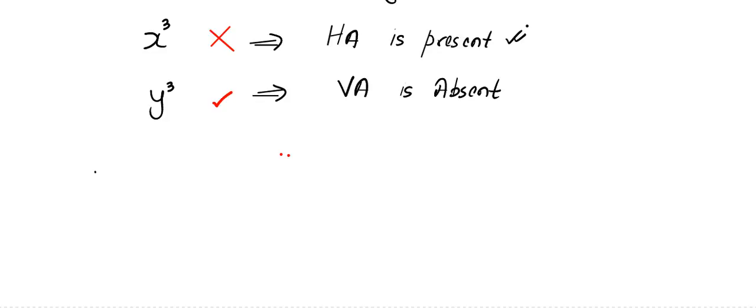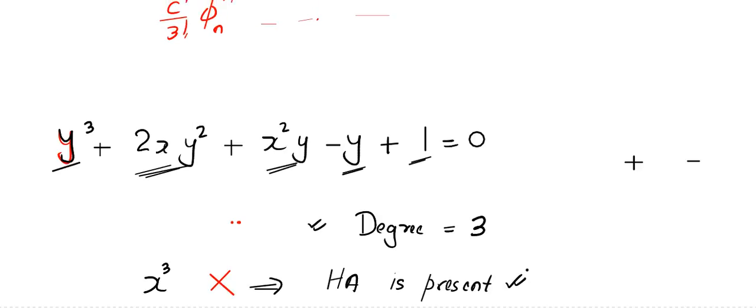Earlier I wrote something, I think it's in your notebook. To find the horizontal asymptote, we find the highest degree terms.